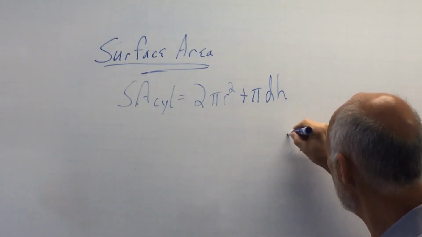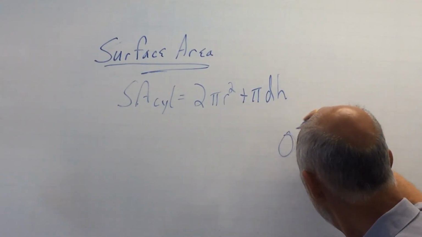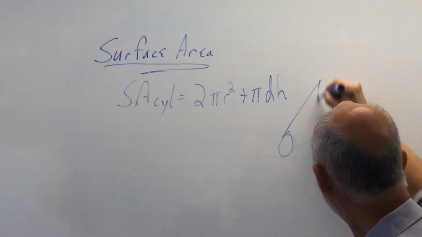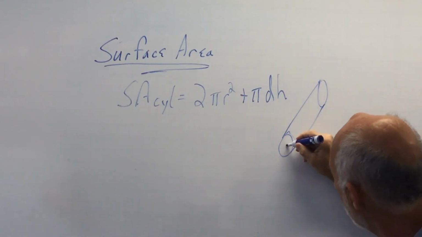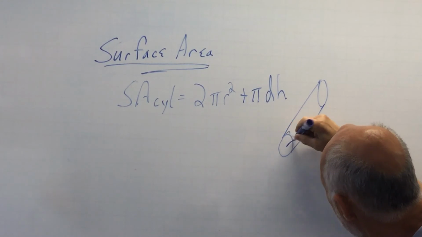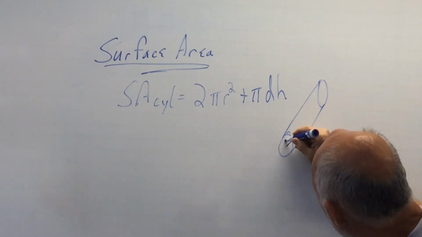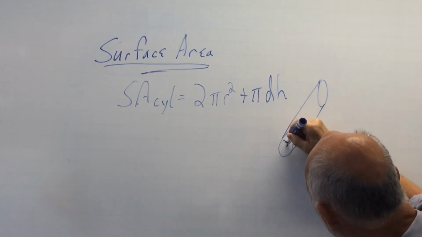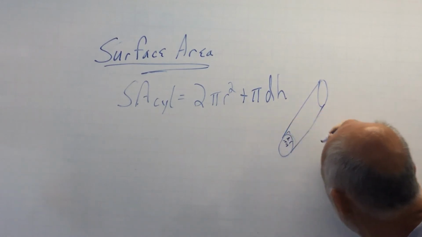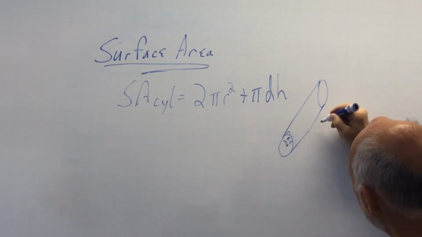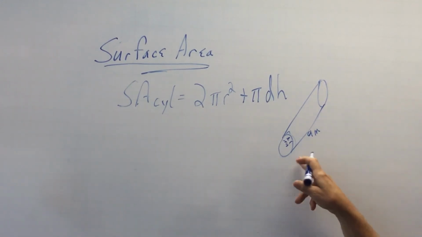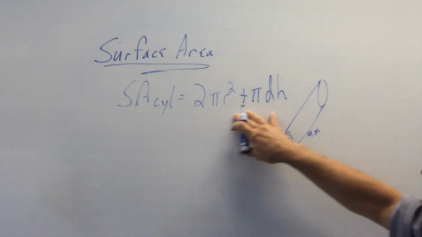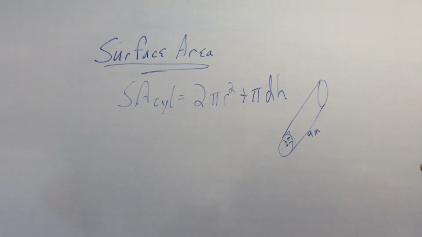So if I was to give you a cylinder that looked like this, I'm such a great artist, and if I was to say that the radius was, say, 3 meters, and the height was like 9 meters, okay? And I wanted you to figure this out, I just have to replace the values in here.